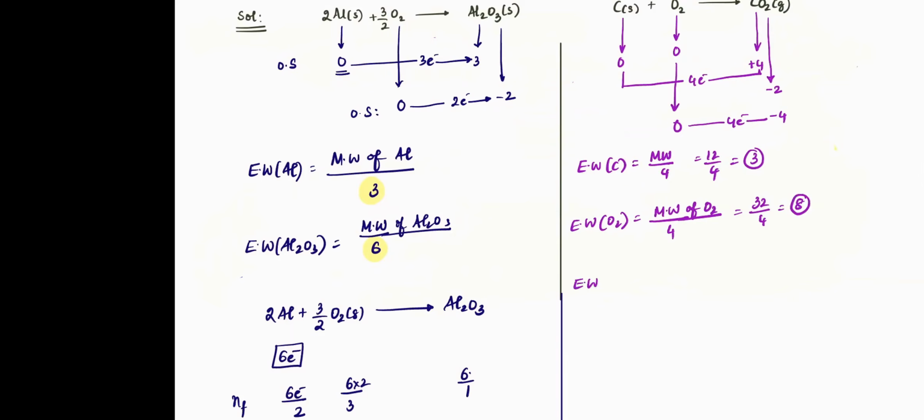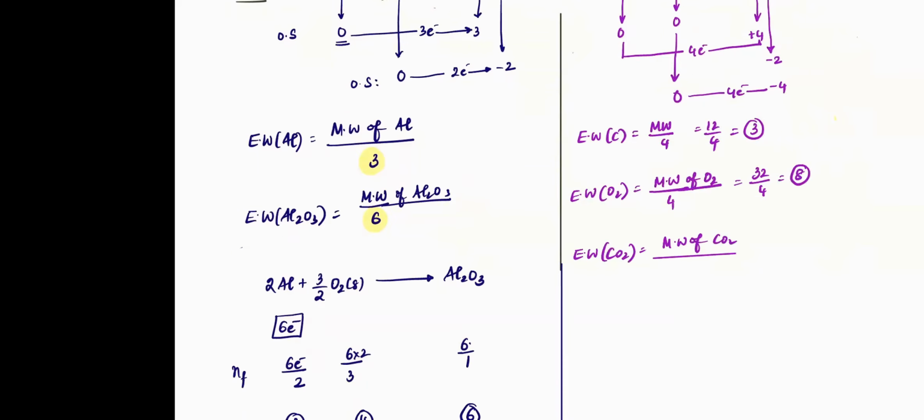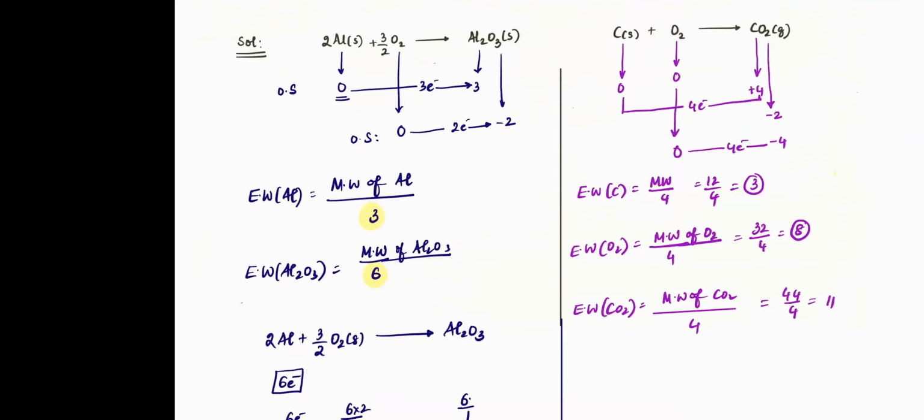And next, equivalent weight of carbon dioxide. So that is equal to molecular weight of carbon dioxide divided by valency factor. So how many can we have here now? 4 of them. So therefore, molecular weight of carbon dioxide, how much is it? 44. 44 by 4. So how much will it be? 11.